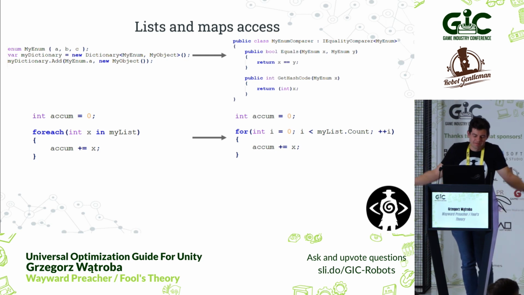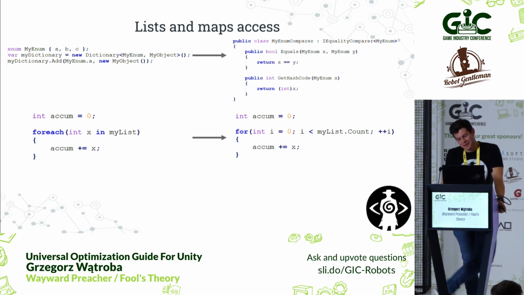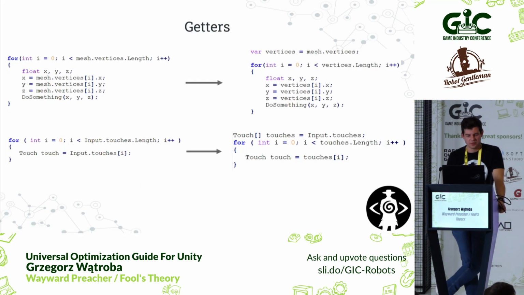So in my opinion, it's not so hard to write the old school way of for traversal. So yeah. Also, don't use LINQ. For the love of gods, whatever they might be, don't use LINQ, because almost every function uses some kind of boxing and it produces lots of garbage.